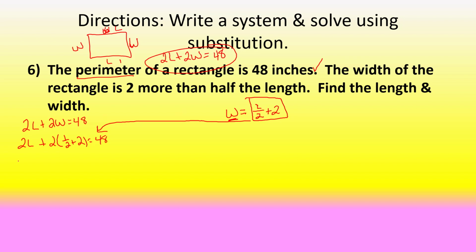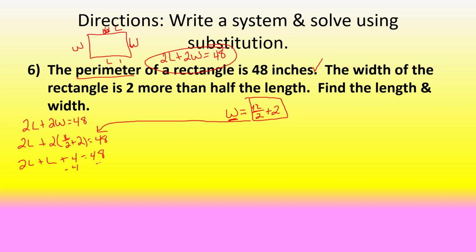Now let's distribute first. So 2L plus 2 times L over 2. 2 times 1/2 is 1L. 2 times 2 is 4, equals 48.